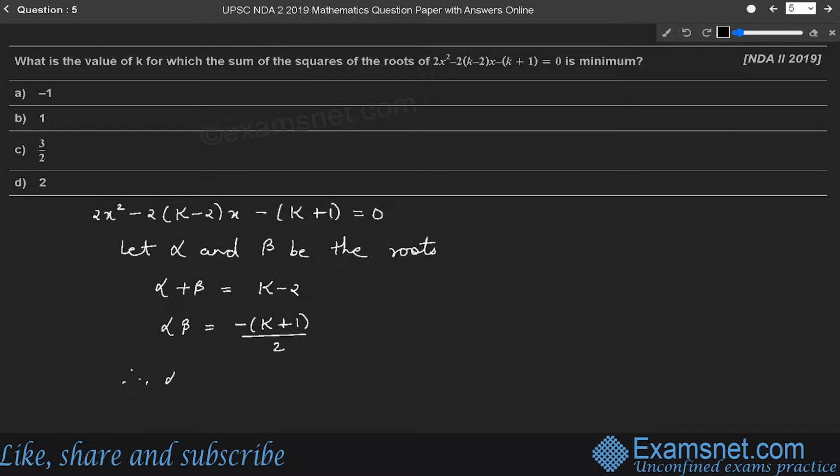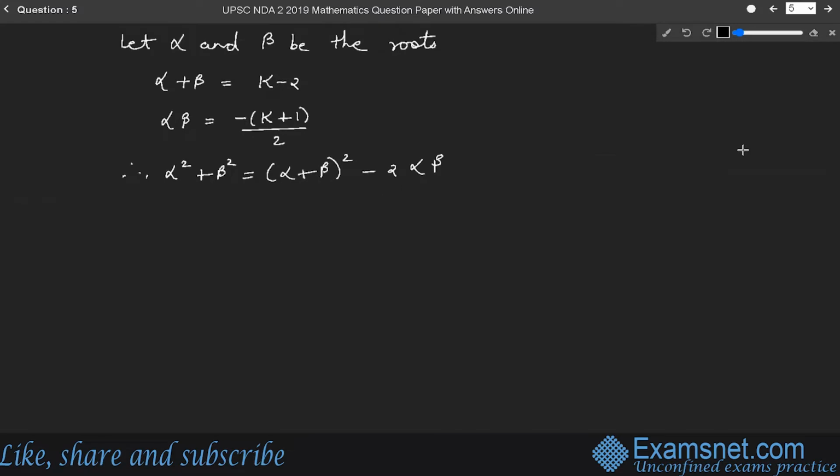Therefore, we can say that alpha square plus beta square will be (alpha plus beta) whole square minus 2 alpha into beta. So it will be equal to (k minus 2) whole square minus 2 into minus (k plus 1) divided by 2. So it will be equal to (k minus 2) whole square plus (k plus 1).